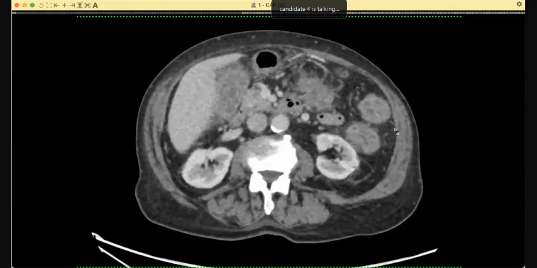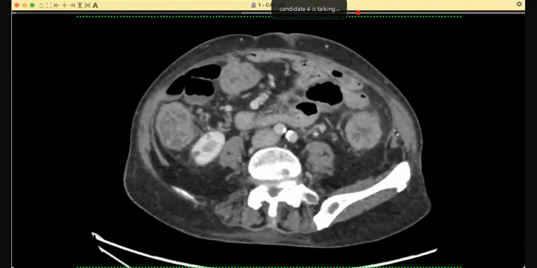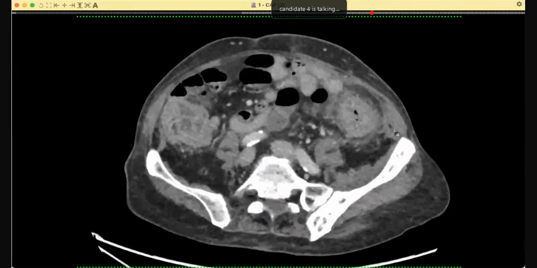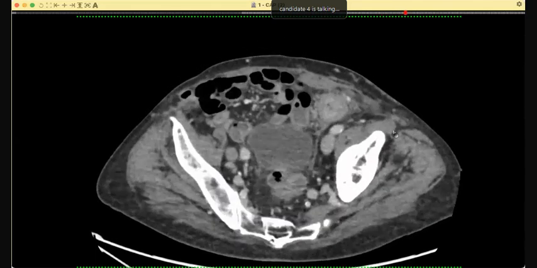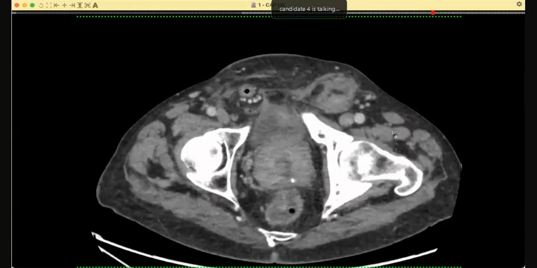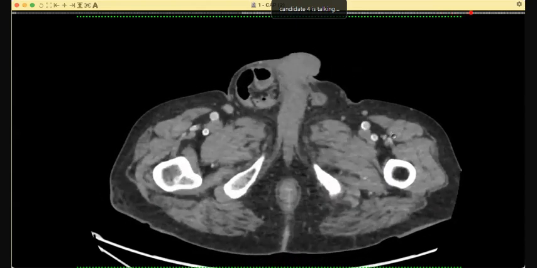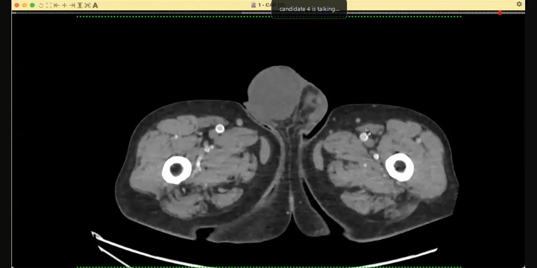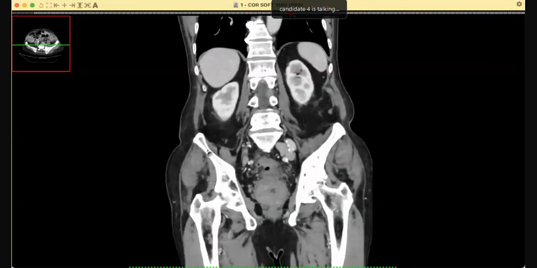You can see that the entire ascending colon, transverse colon, and descending colon show significant mural wall thickening with adjacent fat stranding. There is herniation on the left side as well as on the right side. On the right side, the bowel loops are reaching up to the testis. There is also evidence of free fluid.